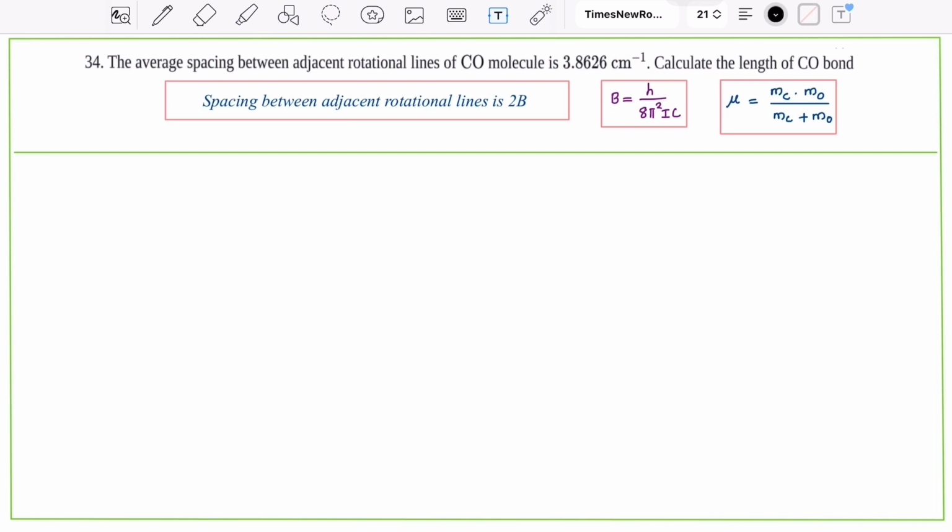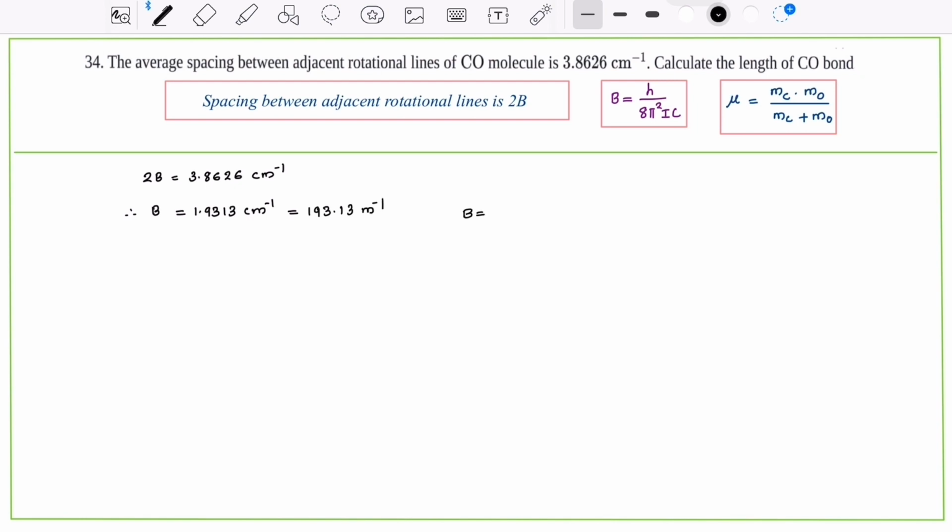We know that the spacing between adjacent rotational lines is 2B. Once we have B, we can calculate the moment of inertia using the equation I is equal to h by 8 pi square Bc. In the present problem, 2B is given as 3.8626 centimeter inverse. Therefore, the rotational constant B is equal to 1.9313 centimeter inverse, and that is equal to 193.13 meter inverse.